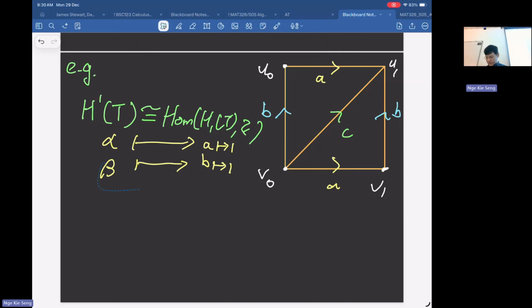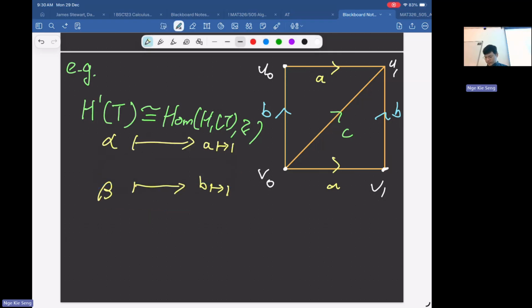Maybe I need to write a bit more. So the first map is sending B to 0, then the other map sends... Okay, so we let one cochain here correspond to x2 on the other side. Okay, so far so good.